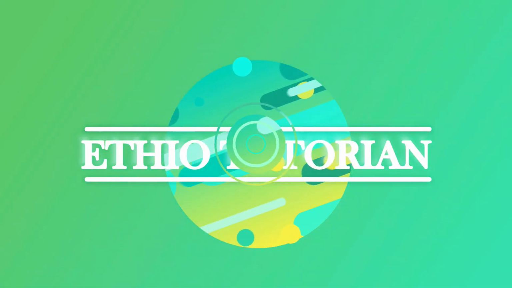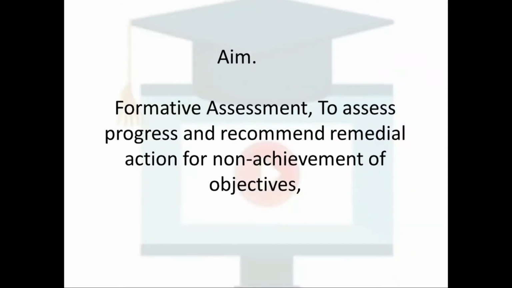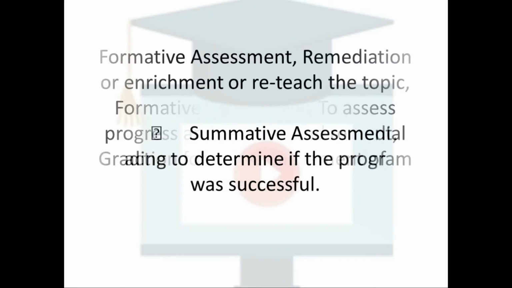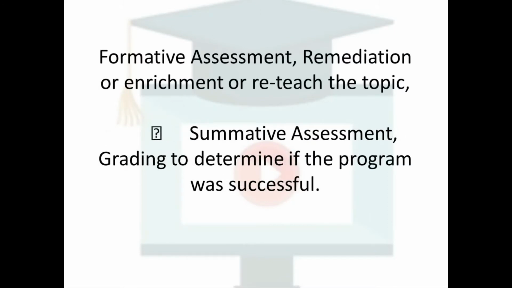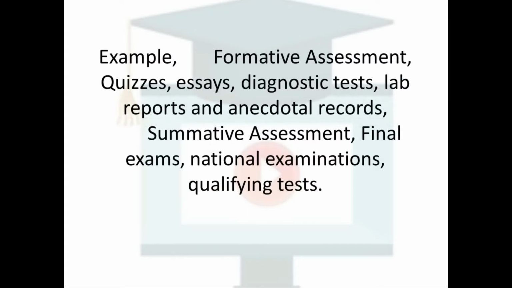Aim. Formative assessment: to assess progress and recommend remedial action for non-achievement of objectives, remediation, or enrichment, or reteach the topic. Summative assessment: grading to determine if the program was successful, to certify students and improve the curriculum.